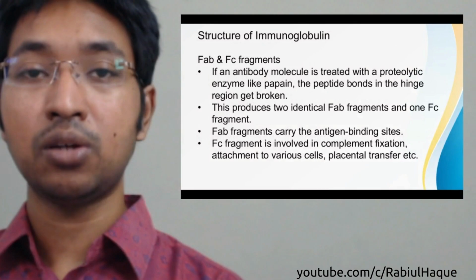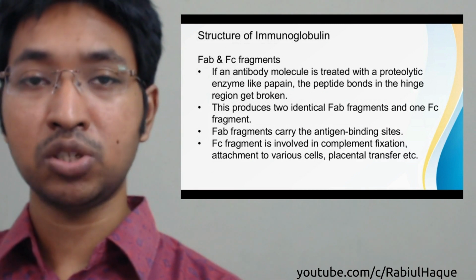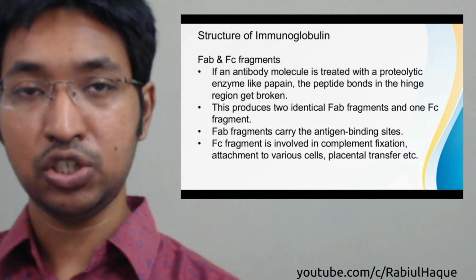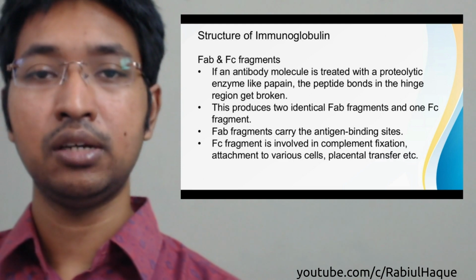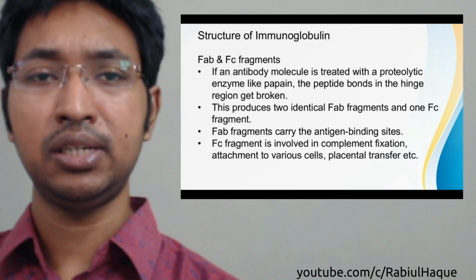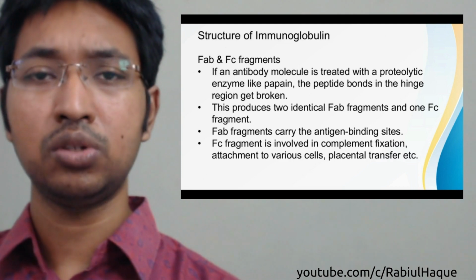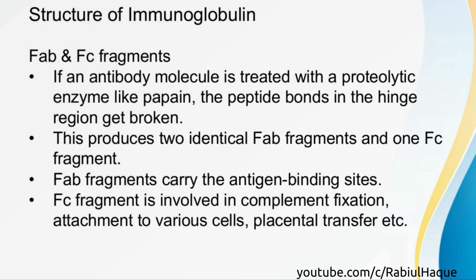So now let's talk about some very important topics for our examination, and that is the FAB and FC fragments. So what do we mean by these two terms? If an antibody molecule is treated with a proteolytic enzyme like papain, the peptide bonds in the hinge region will get broken.